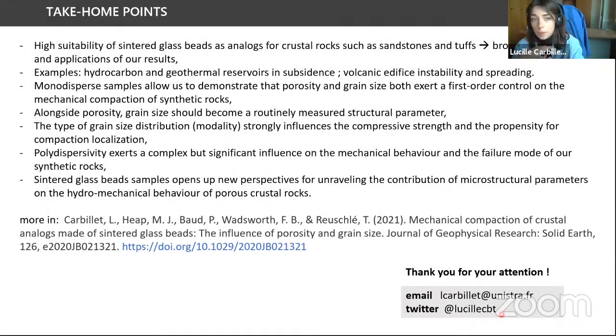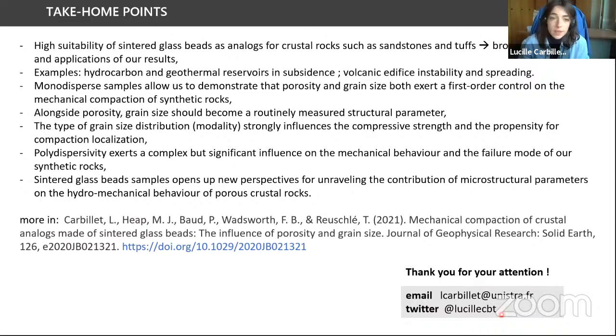For instance, hydrocarbon and geothermal reservoirs and subsidence, or volcanic edifice instability and spreading. Using the mono-dispersed samples, we were able to demonstrate that both porosity and grain size exert a first-order control on the mechanical compaction of synthetic rock. And so alongside porosity, grain size should become a routinely measured structural parameter.